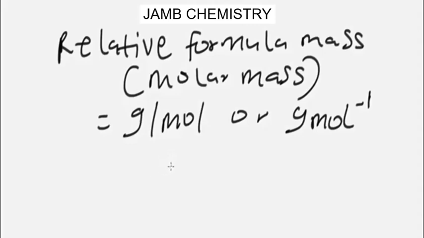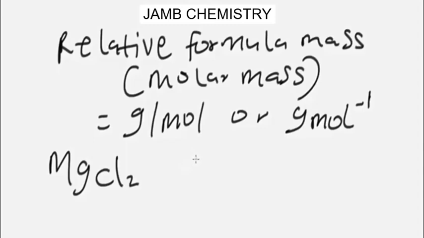Let's look at how to calculate the molar mass or relative formula mass of a compound. Let's say we are given this compound, magnesium chloride. We have to find the relative formula mass or molar mass of magnesium chloride. Note that in the question, you are often given the relative atomic mass of the elements that make up the compound.